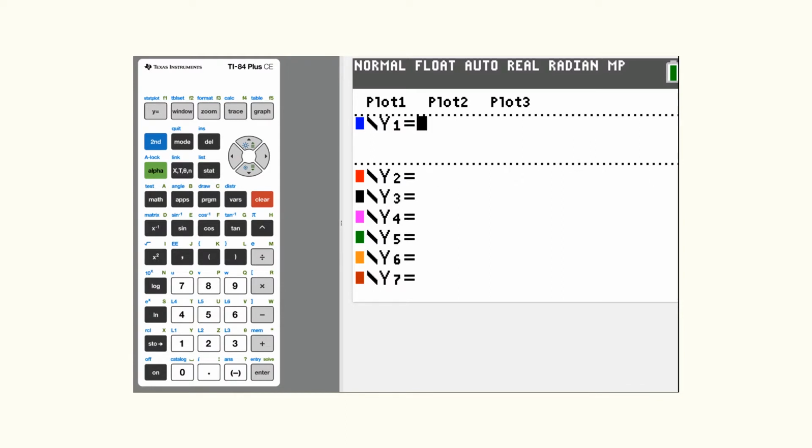All right, so we're over here on our calculator. We're going to graph this first equation that we had, which was x squared plus 2x minus 15. And first, let's just take a look at how this graphs.